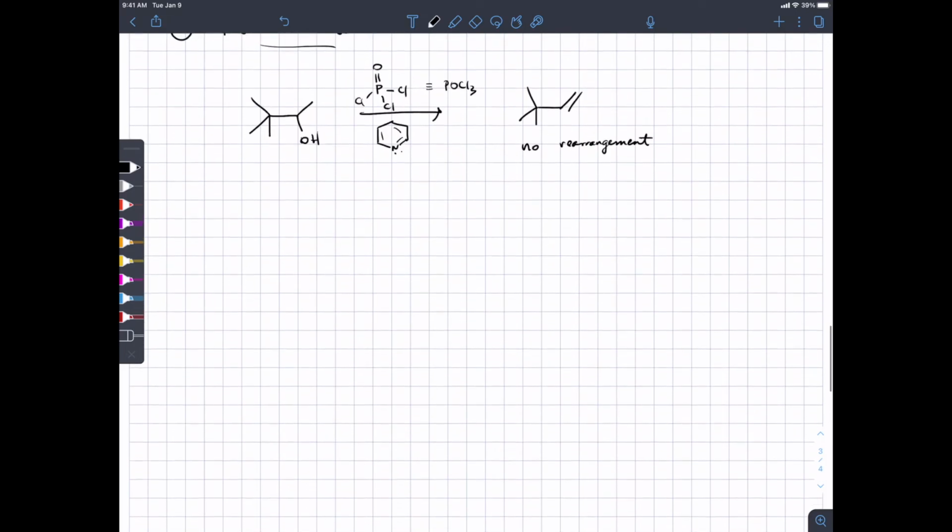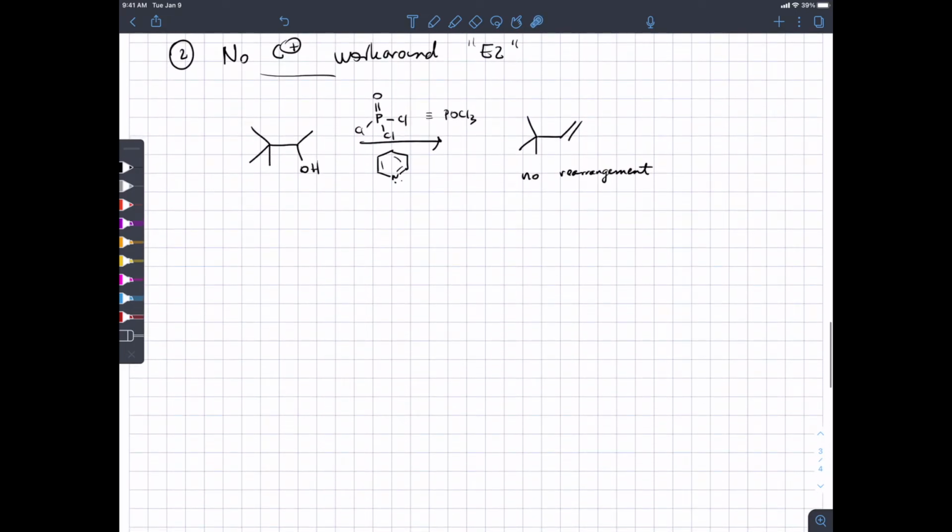So if my desired product was this alkene, a bad pathway would be to try to do this reaction using H2SO4. Because again, if I did that, I would have a carbocationic intermediate, which would be in equilibrium with a more stable tertiary carbocation.